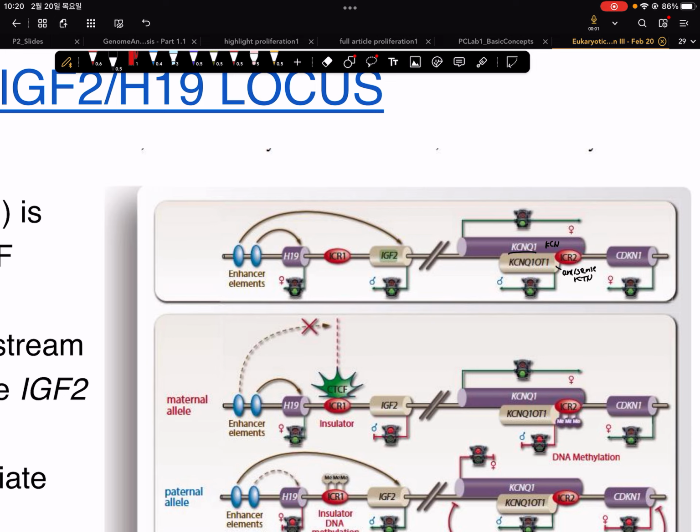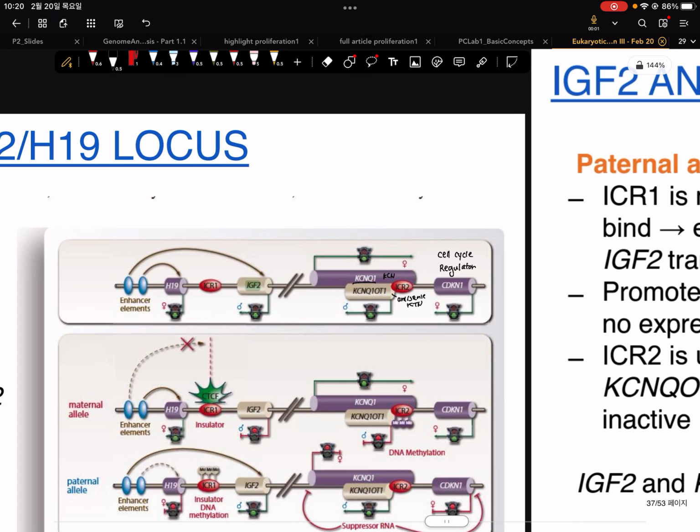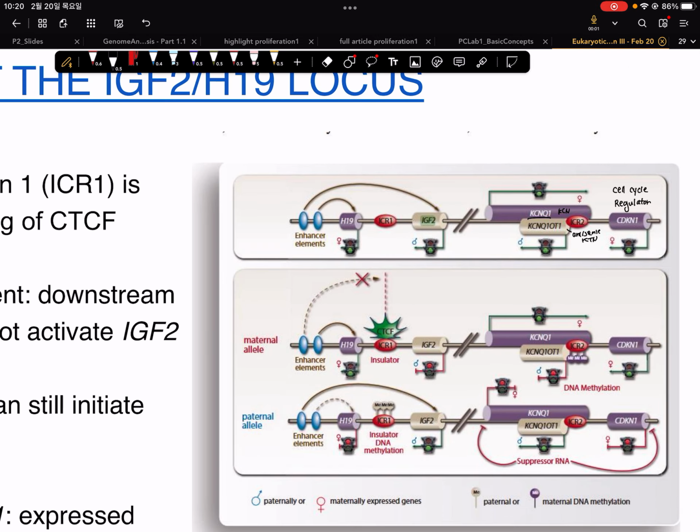CDKN1 is cell cycle regulating. So these things are close to each other and can interact with each other because they are in the same chromatin. It depends on the state, but they are closely connected, so they could potentially interact with each other.